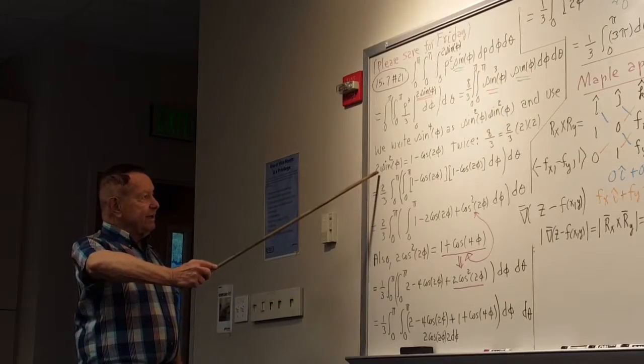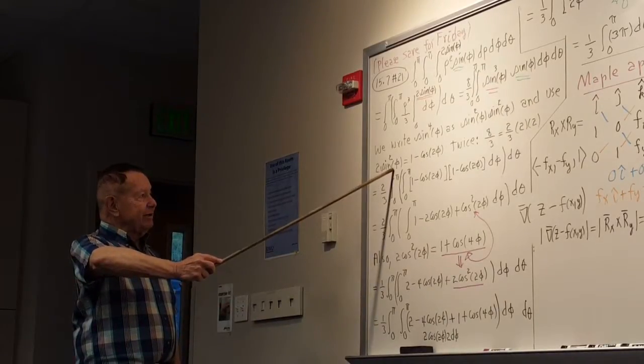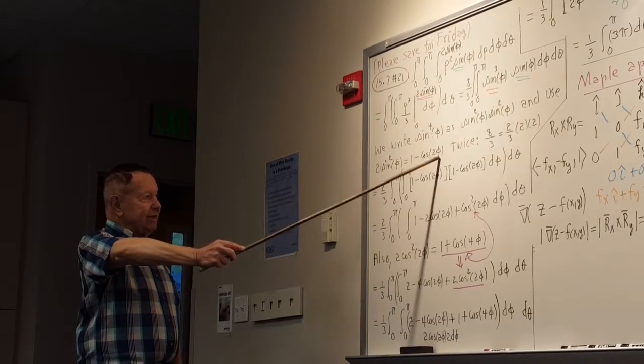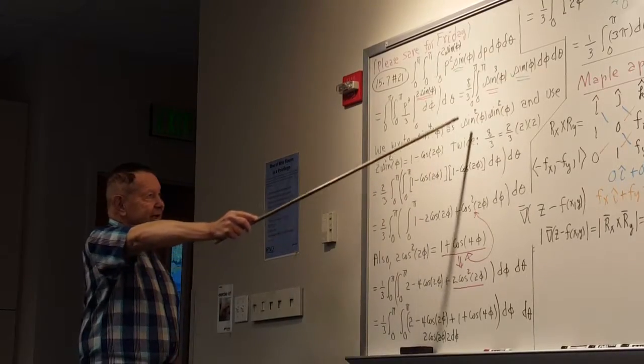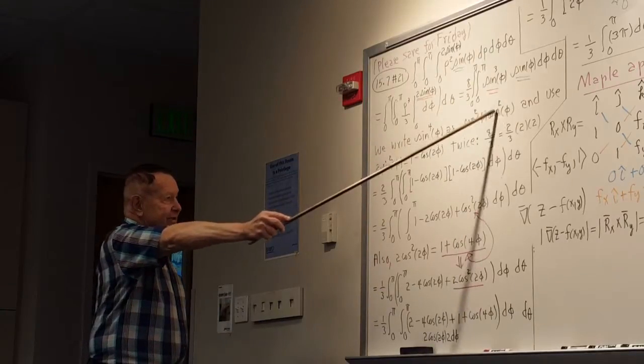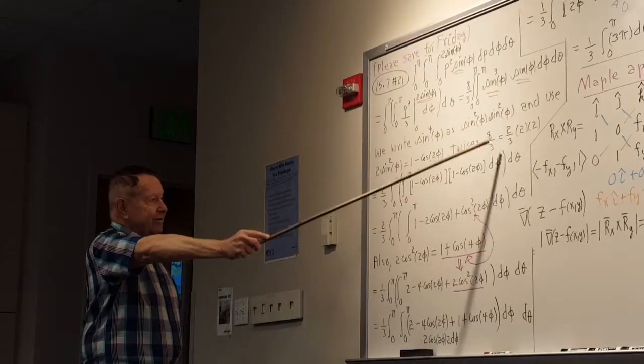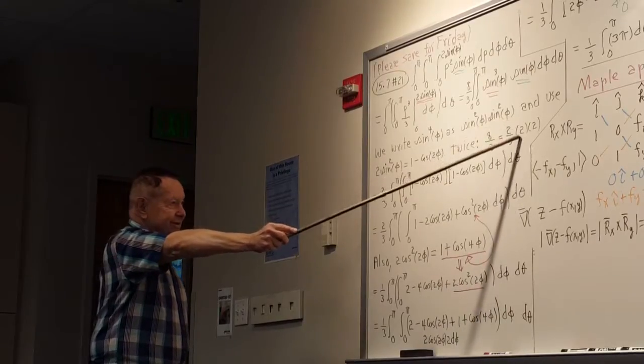You use that 2 sine square equals 1 minus cosine of twice the angle, and you do it twice, one for each sine square. And you also notice that 8/3 is 2/3 times 2 times 2.